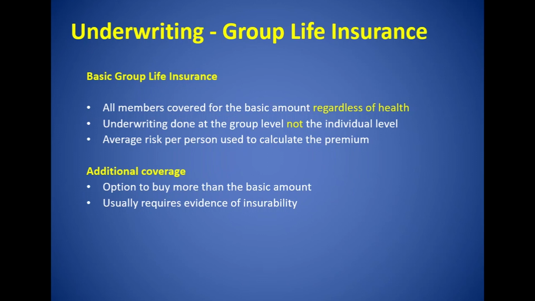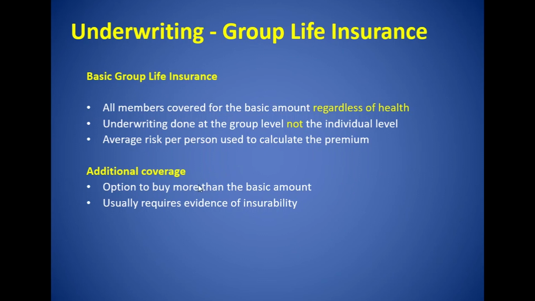So again, the group characteristics and the risk profile of the group are going to impact how much the insurance company is going to set as the premium. It's sort of an average risk per person approach to calculate the premium. So again, in underwriting of group life insurance, there isn't individual underwriting taking place.